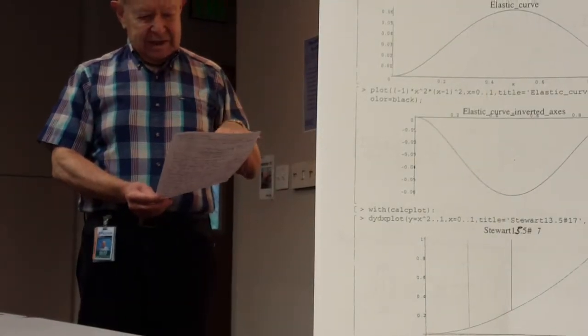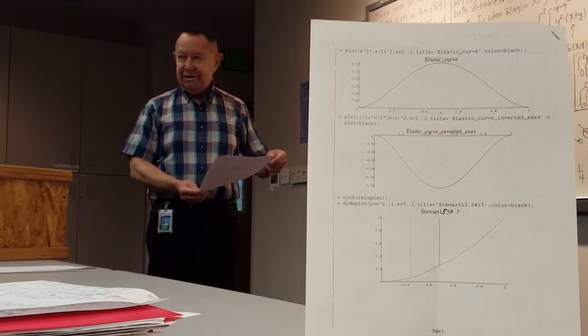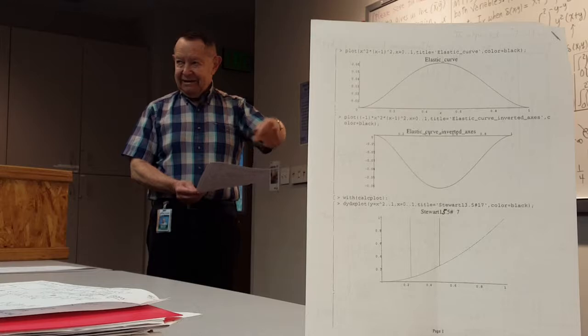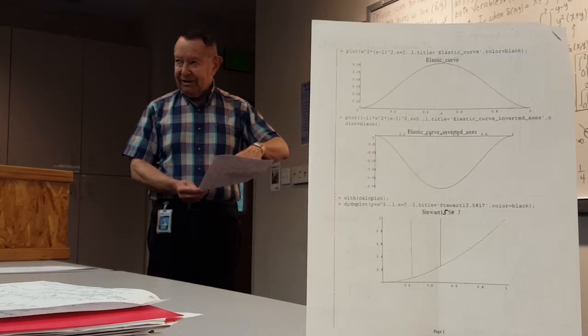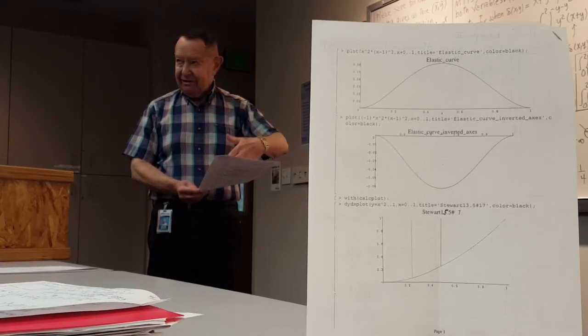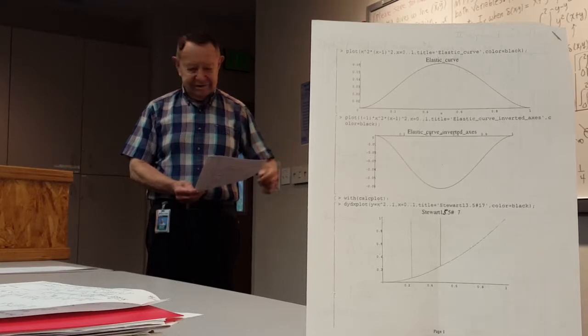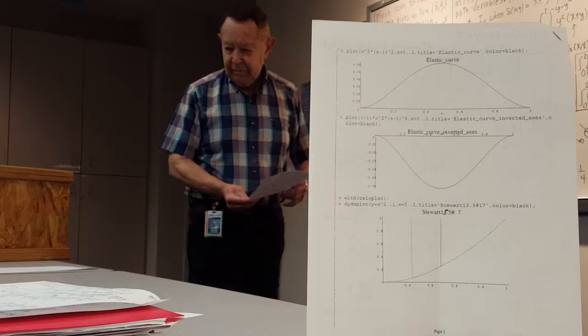Of course, you're dividing the y by the 24 times the E times the I. So then the amount of the sag doesn't look like so much, but you still have a very pronounced effect if you have this load this way.